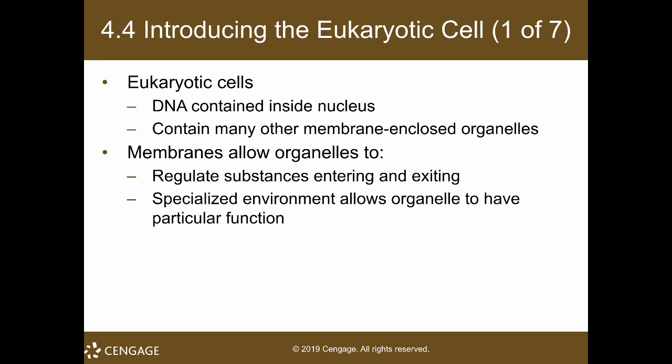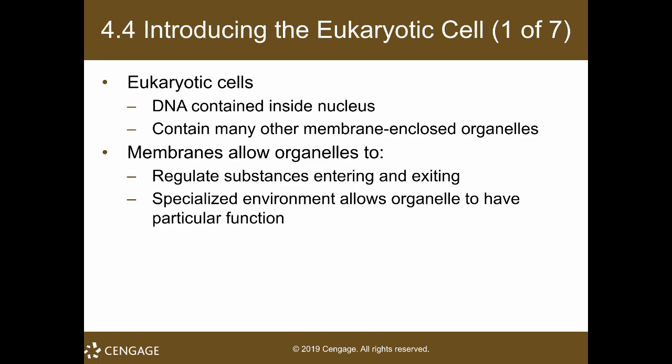Those membranes allow the organelles of the eukaryotic cells to regulate the substances entering and exiting, and they provide a specialized environment for their specific function. Basically, they compartmentalize their functions. For example, one organelle is involved with the breaking down of substances.